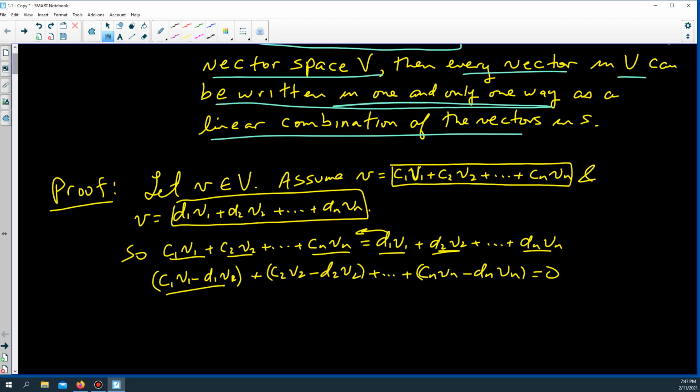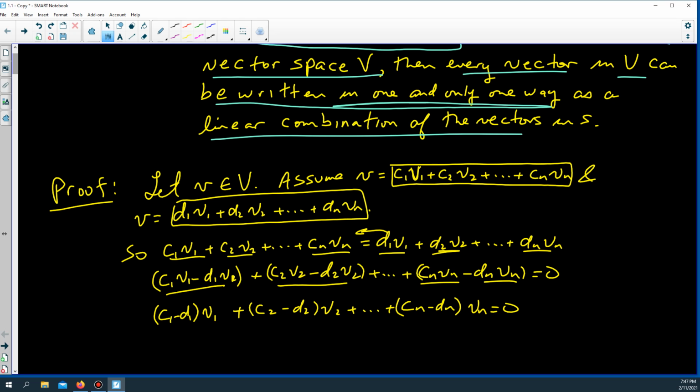But this is the same as (c1 minus d1) v1 plus (c2 minus d2) v2 all the way down to (cn minus dn) vn equal to the 0 vector.